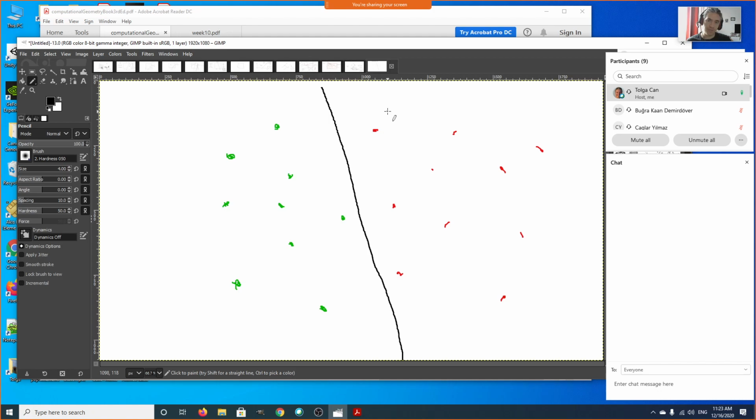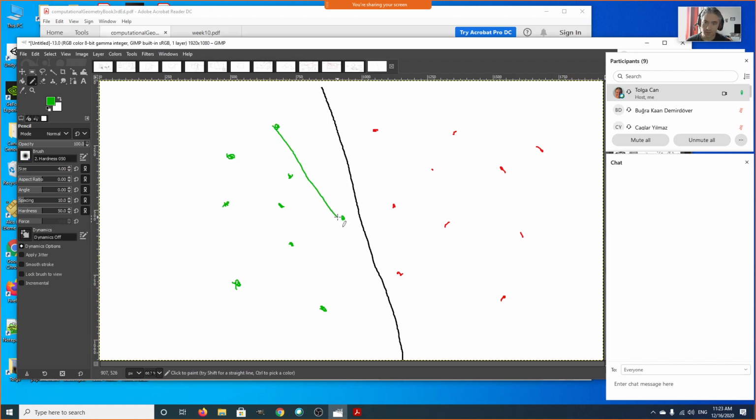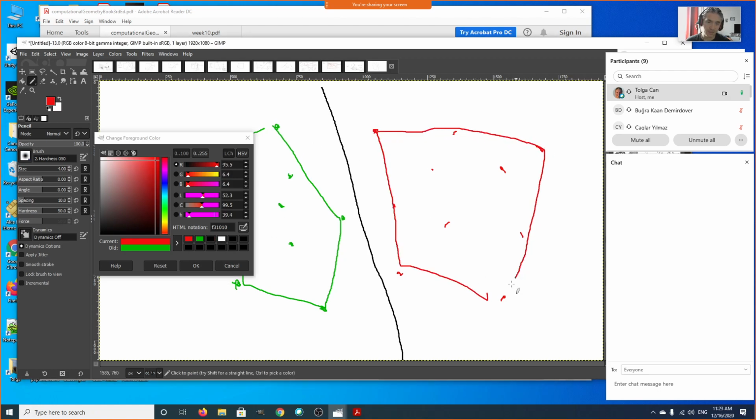One solution may be to use the convex hulls, right? When I ask this question to students, most of them answer we can compute the convex hull of the green points, and we can compute the convex hull of the red points. And by checking the convex hulls, if they're not intersecting, they may be linearly separable.